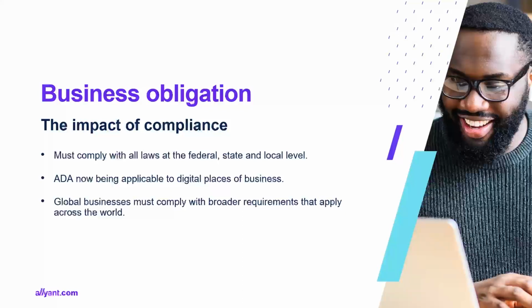The ADA applies to everyone, every business, every organization. When it first started out, it was like, if you're building a building, and I can't get my wheelchair up into your building, you've got to build a wheelchair ramp, or have Braille on the elevators, or have some of these other accessibility features in your physical building to allow people to do business with you, to come into your store or office or place of business.